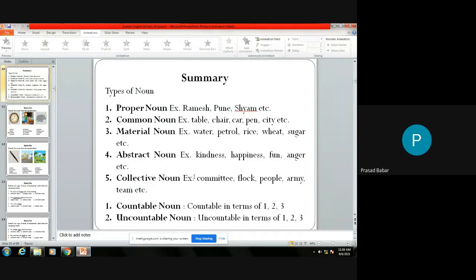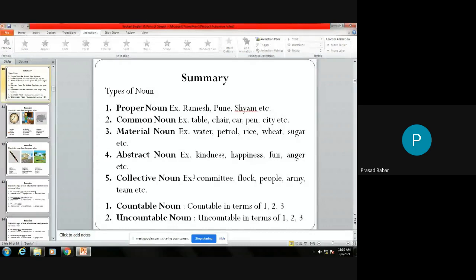We can imagine them, but we can't count them. We can't measure them. That is why they are abstract. Examples are kindness, happiness, fun, anger, wrath, cruelty.